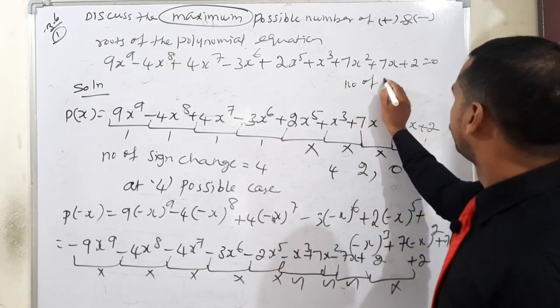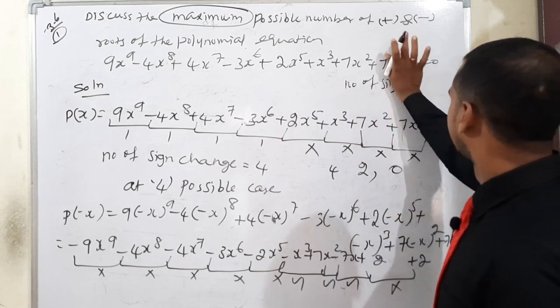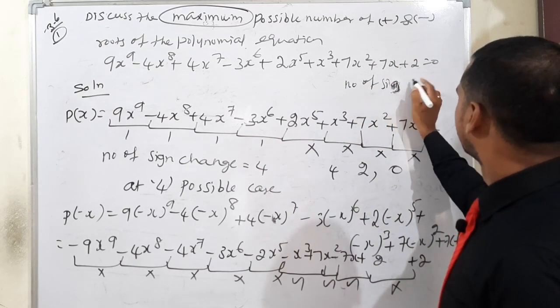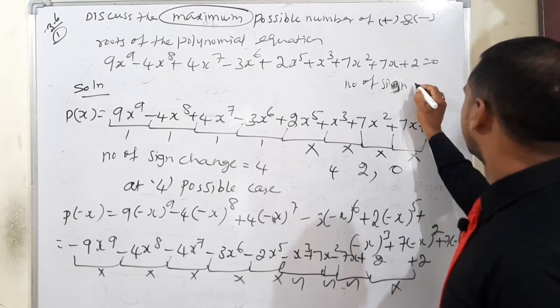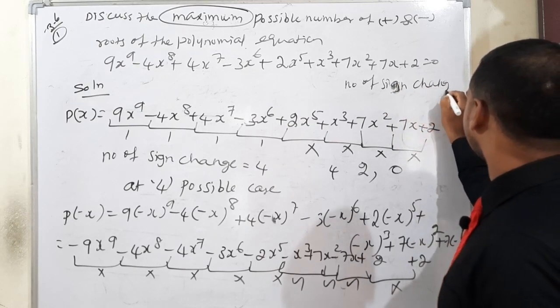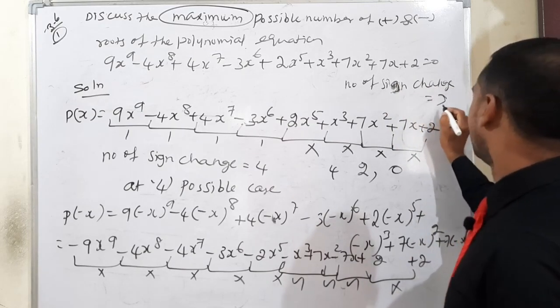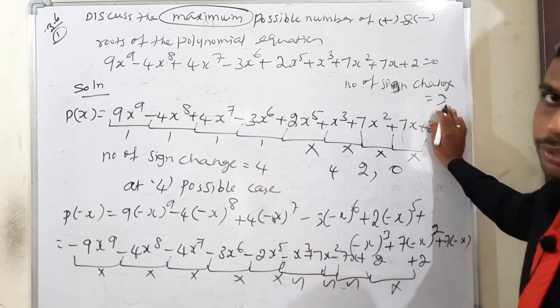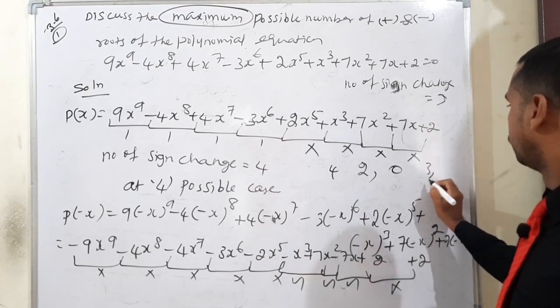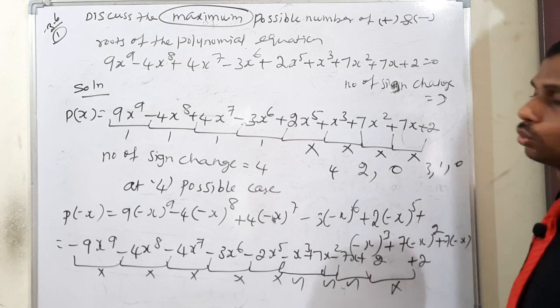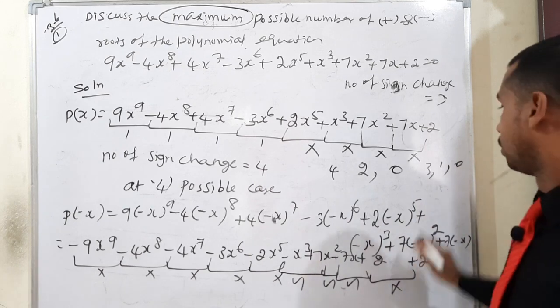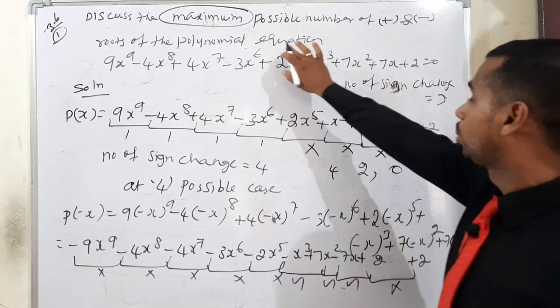So the number of sign changes is equal to 3. What are the possible cases? 3 is possible, 3 minus 2 means 1 is possible, and 0 is also possible. So there are 3 possible cases, but we need the maximum.